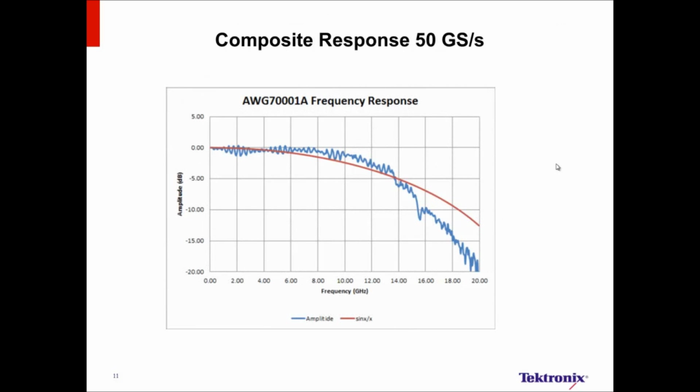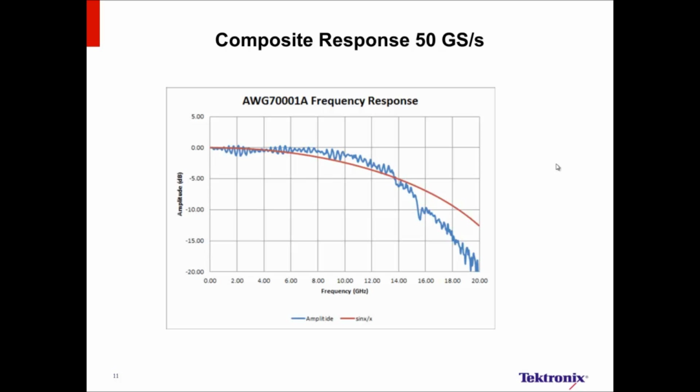So to understand this a little bit more, you can see the sin x over x roll-off of the AWG. And in this case, what we're seeing is minus 20 dB at 20 gigahertz. So most people would think, well, there's no way that we can create a 20 gigahertz signal with the AWG with only 50 gigasamples of sample rate.